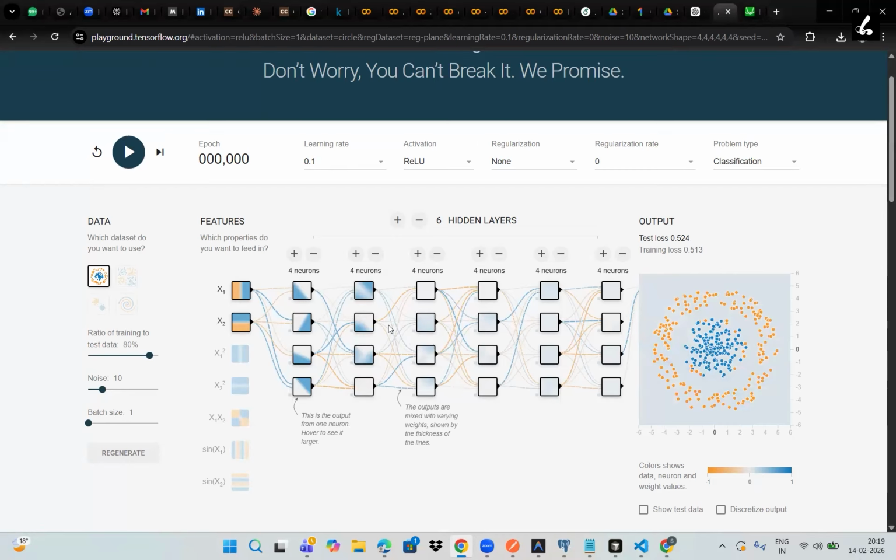But the weight of this one is very, very less. In back propagation, W new equals W old minus learning rate times del L by del W old. If del L by del W is very low, the whole thing will become very low and the weight will not get updated.